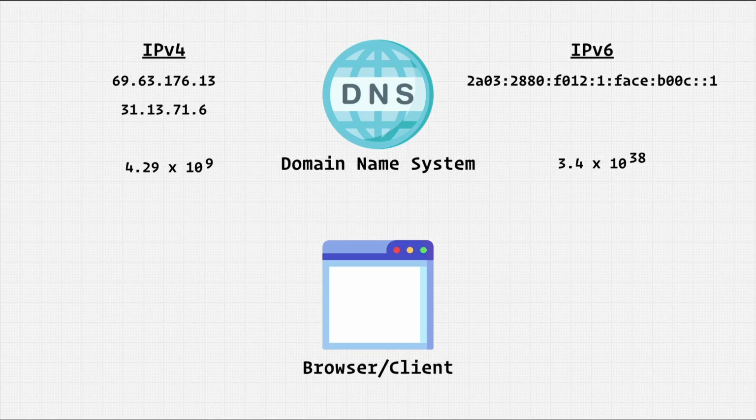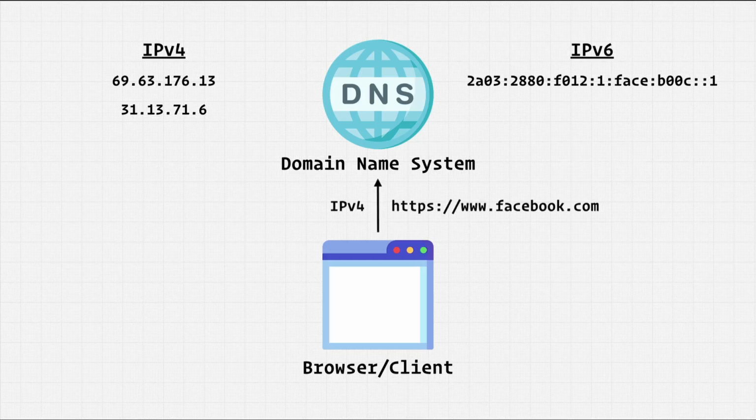Now, you might be wondering, if there's IPv4 and IPv6, how do we know which version to get back? Well, this is where the request itself often has the specific format that it wants back. This might be the browser or the actual request sender itself.